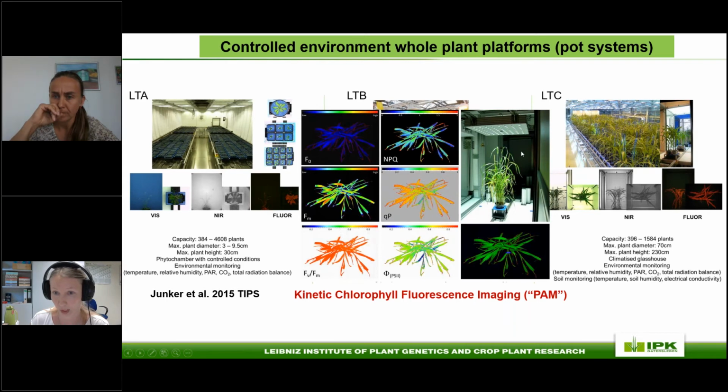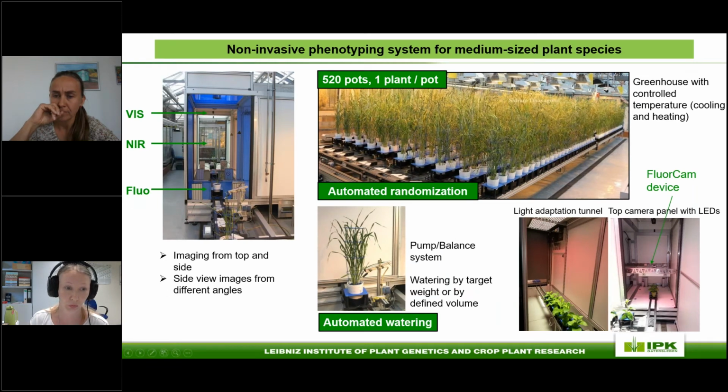So it's a top view camera panel, as you have seen already in Klára's presentation. This is a view to the medium-sized system, which we have used to screen the cereal collections, and it can hold up to 520 plants in single pot configuration, so one plant per pot.